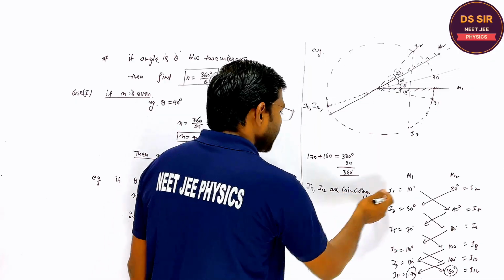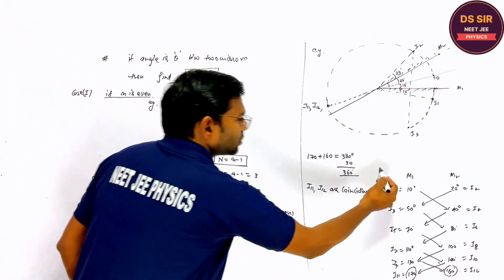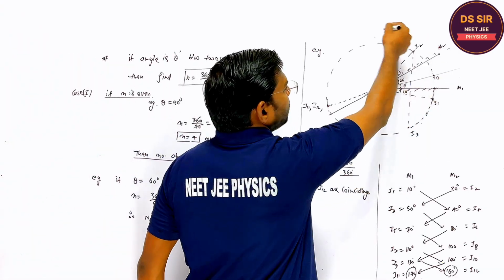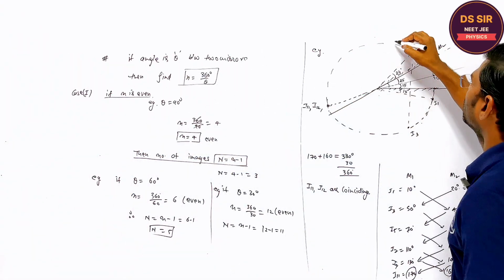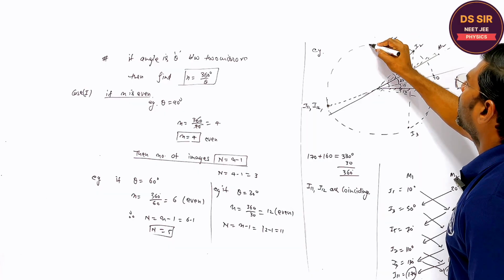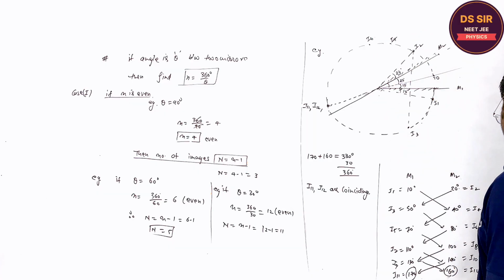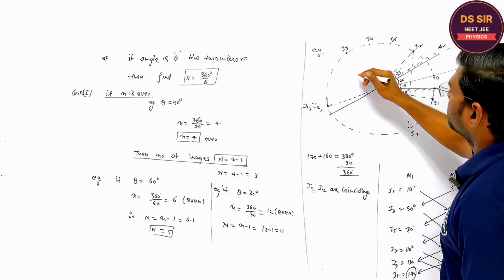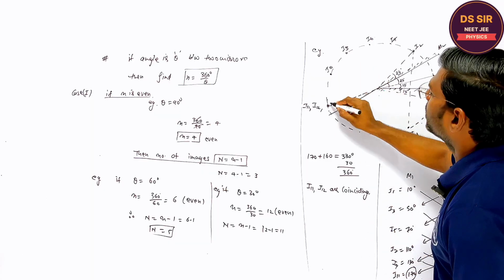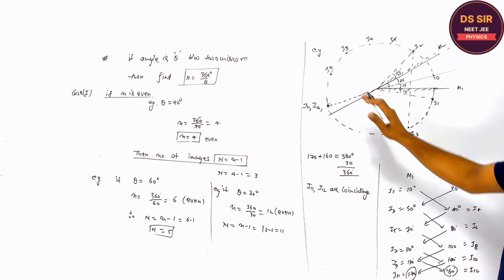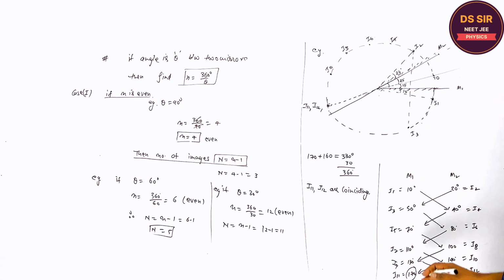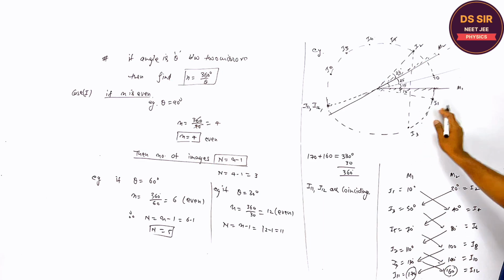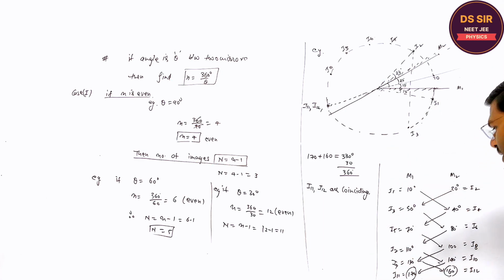So in this way you can draw the images on the circle, all the images will be on the circle, right. This is I2, then I4, I6, I8, I10, and then I12. I am not making the angles because it is not possible to draw on the whiteboard.